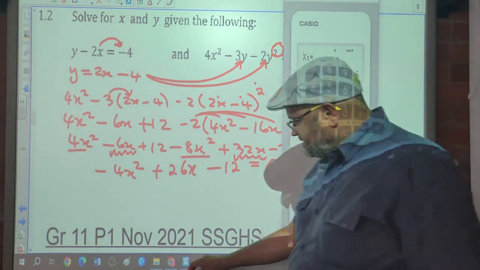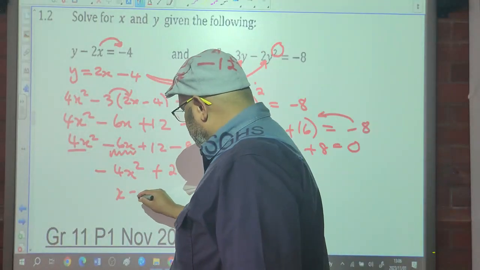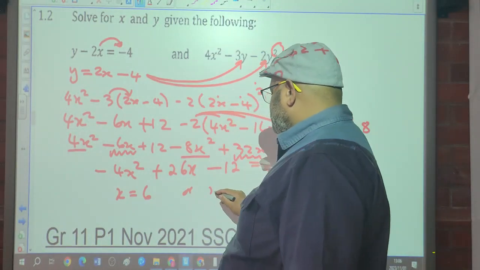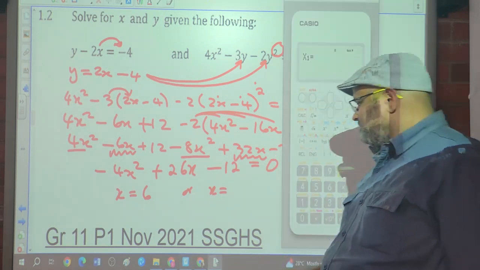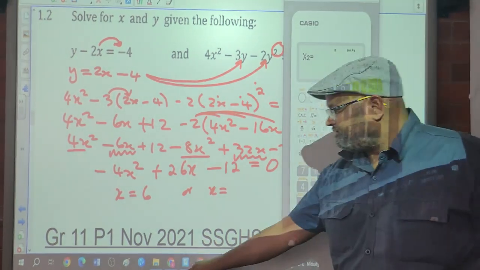So x is equal to 6, or x is equal to half.